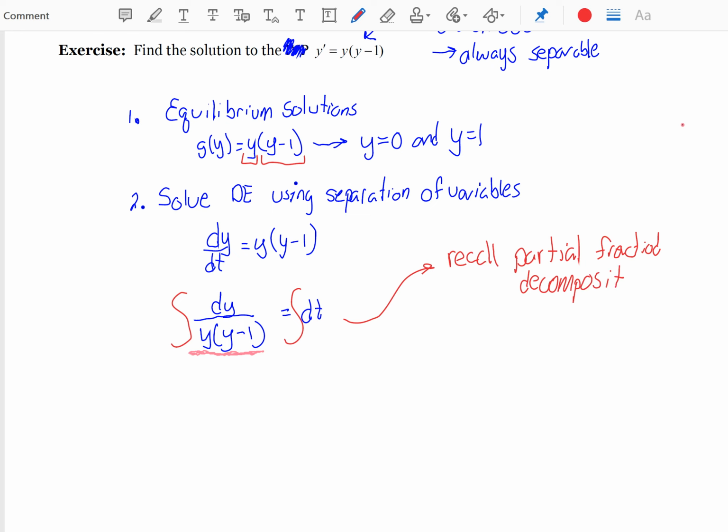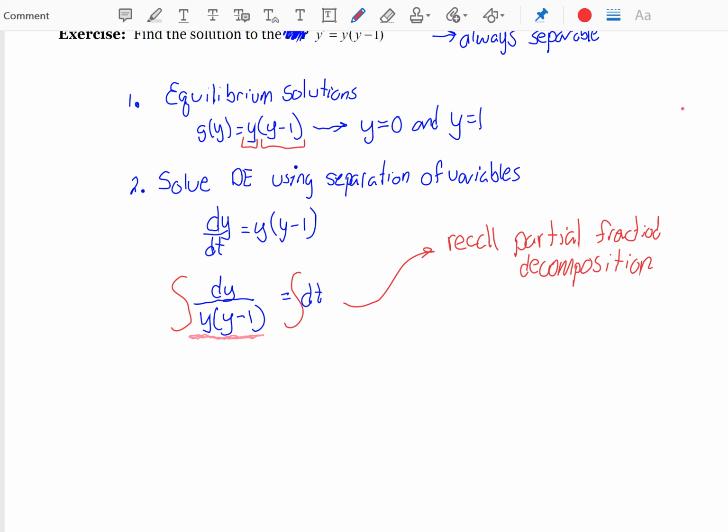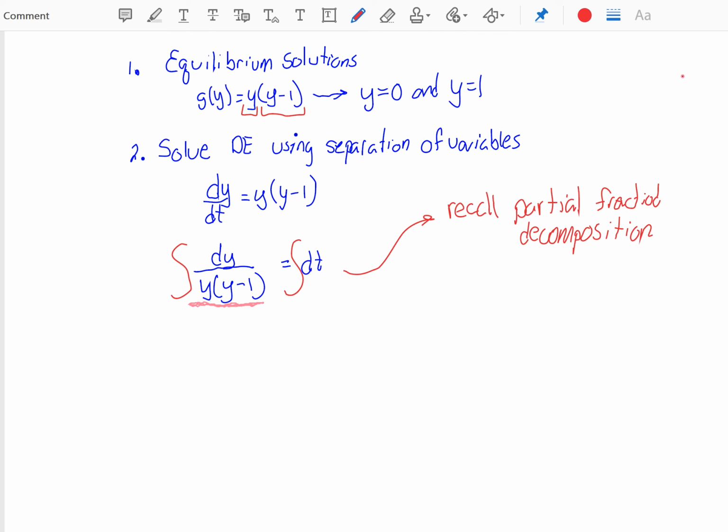If you don't remember partial fraction decomposition as well as you might like, you might want to take a moment to just go and YouTube a couple of examples. I'm going to remind you how to do it in this one, but there are other cases that you might want to look at.